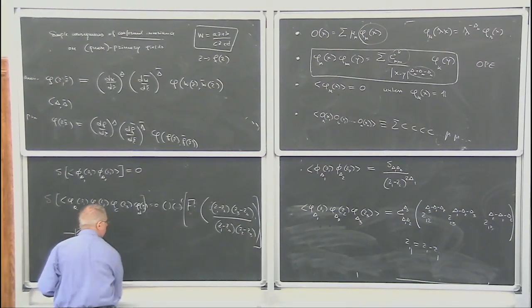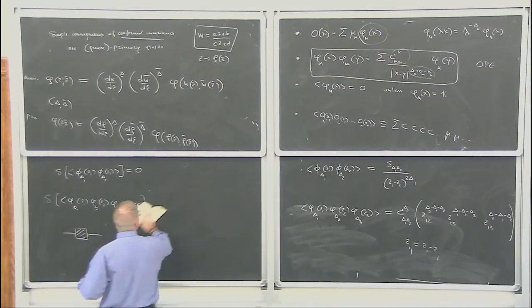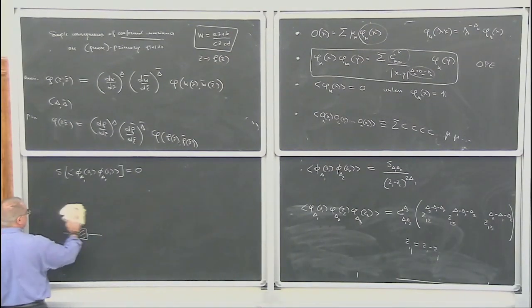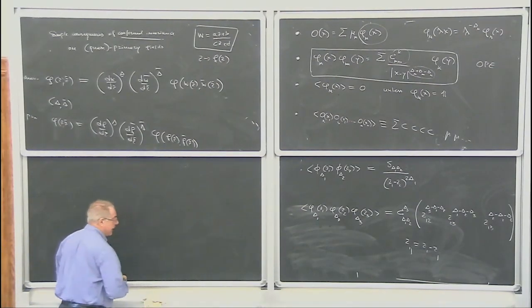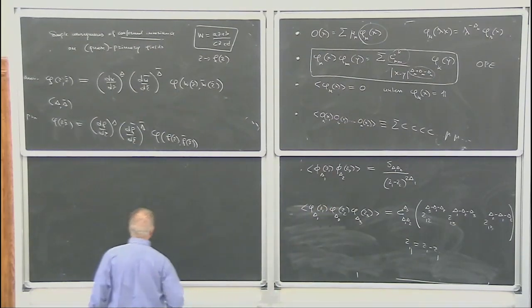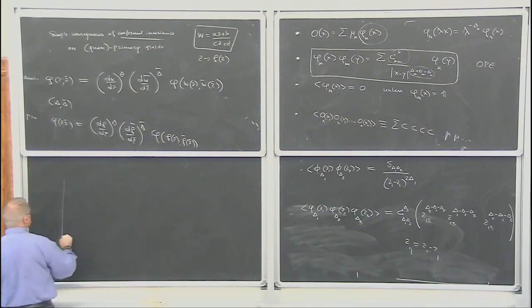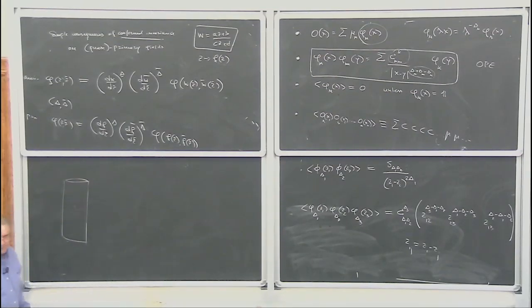Now, I want to take the opportunity to introduce a language which will become very, very useful later. Now, this 2-point function, I want to interpret in the following way. Imagine that I define my theory on a cylinder. By the way, I can go from plane to cylinder through a conformal map.